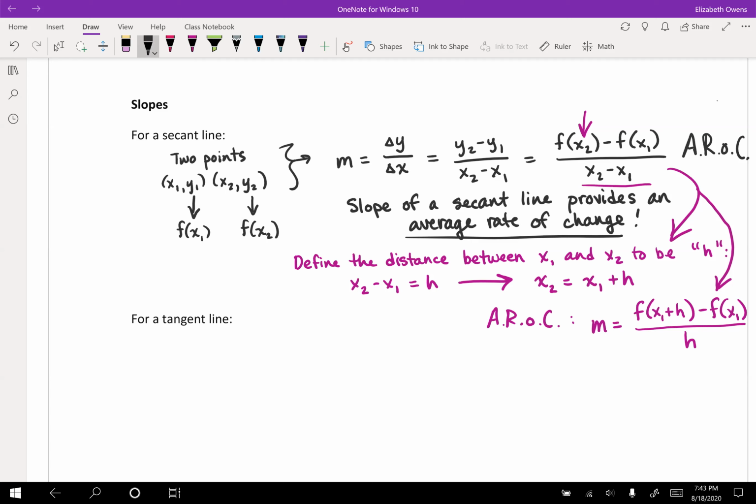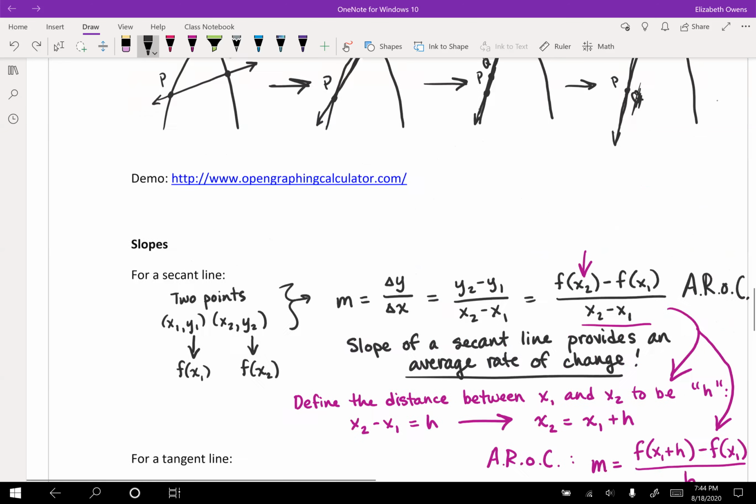Now, how that's going to help us is with our tangent line, because remember that a tangent line doesn't involve two different points on the curve. That was a big assumption that we made in setting up our secant slope, that we had two different points to look at.